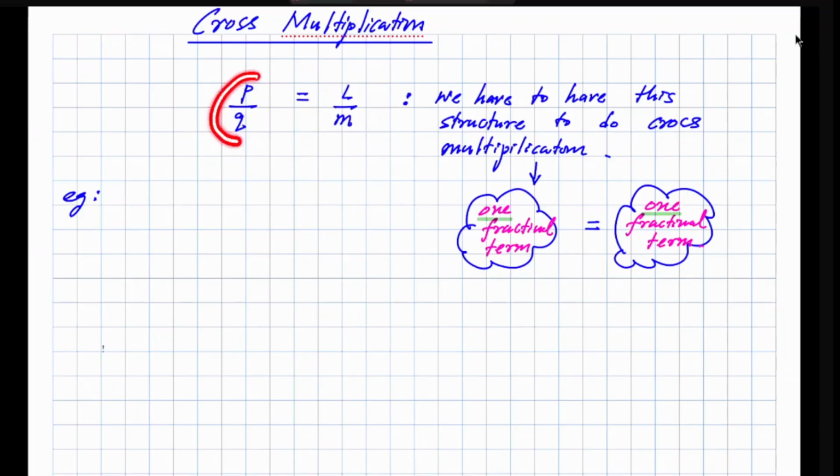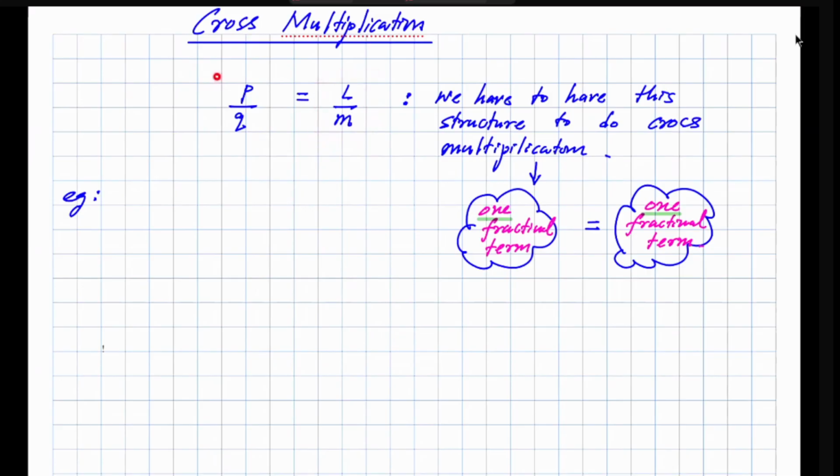What I'm saying, if you have something like m divided by n, this is a fraction. Two fractional terms, right? So if you have something like 5 here, you have two terms. You cannot have two terms. You have one term on the left hand side and one term on the right hand side.